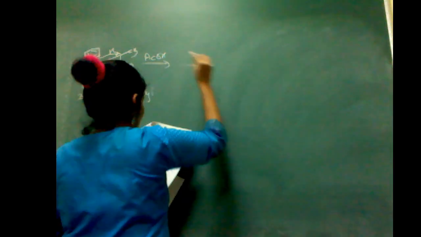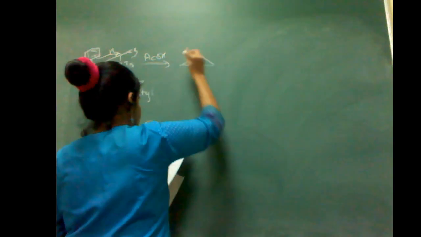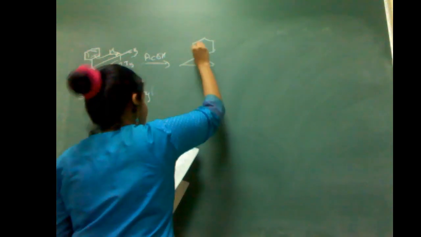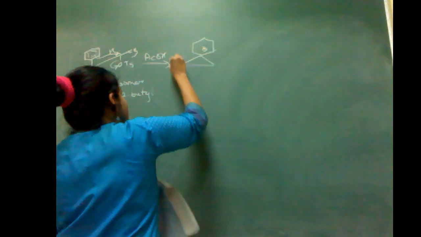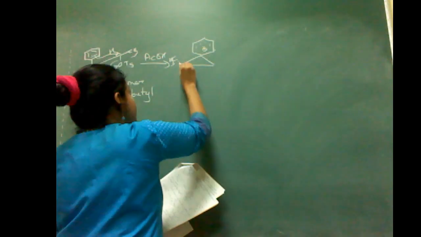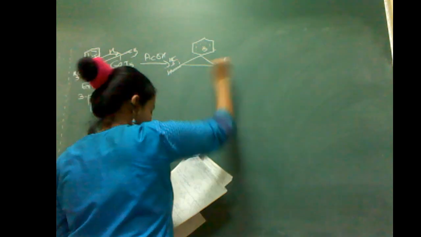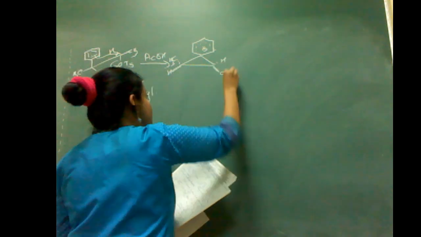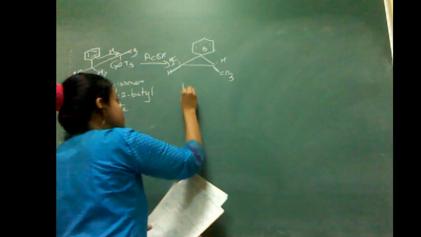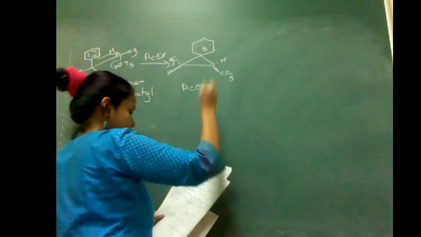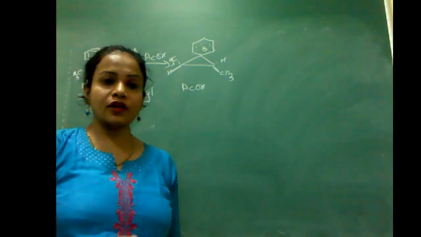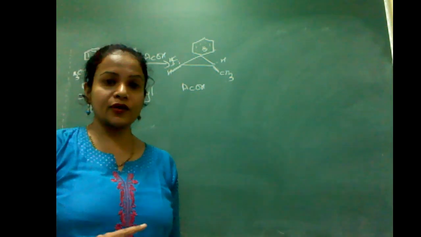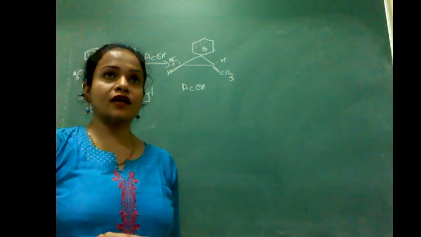Now what happens is, when you try to write the structure of the intermediate phenonium ion, compare it with that of the threo isomer.